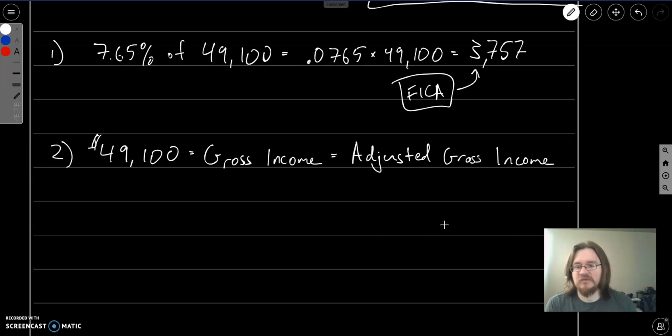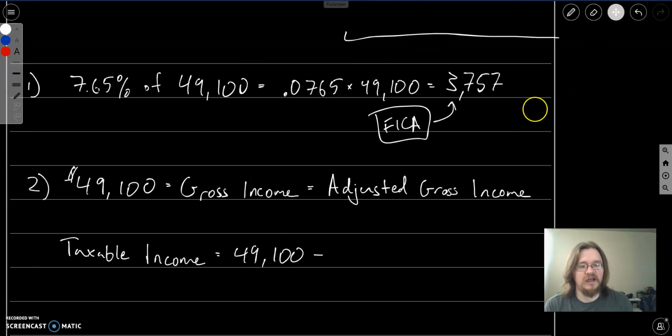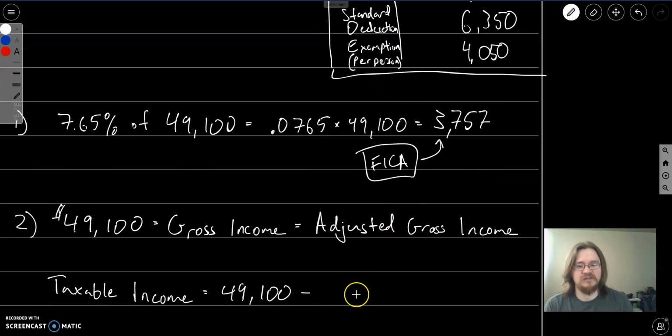However, their taxable income is going to be their adjusted gross income minus any exemptions and deductions that they have. So for example, everyone is entitled to an exemption of $4,050.